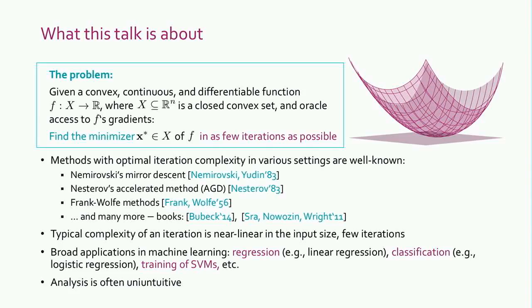Now, this setting is not new. In fact, there has been a lot of research on different settings of first-order convex optimization. And we know about methods with optimal iteration complexity in various settings. Now, why am I talking about this?